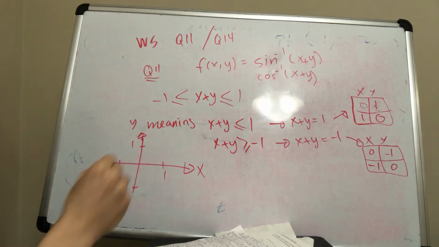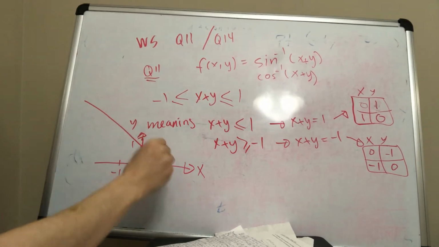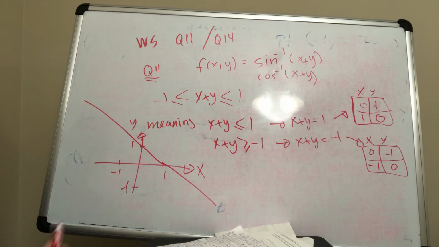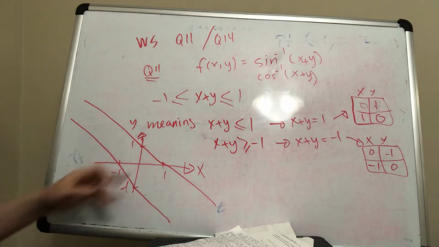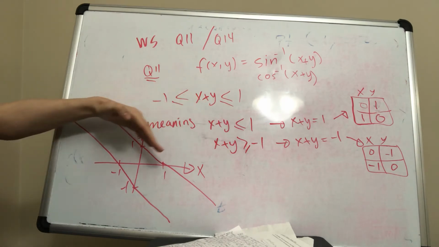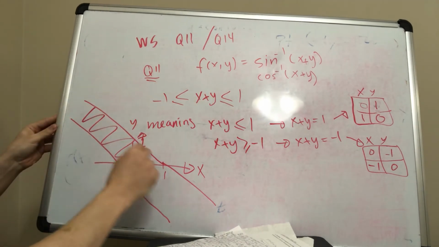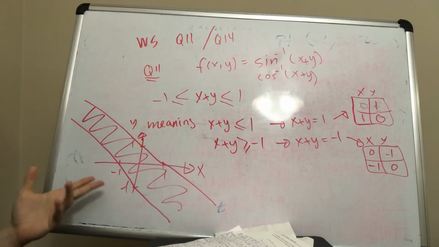I need 0, 0, 1, 1. This is my first line, and the second line is this line. I need to be below this line and above this line, so this is my region.